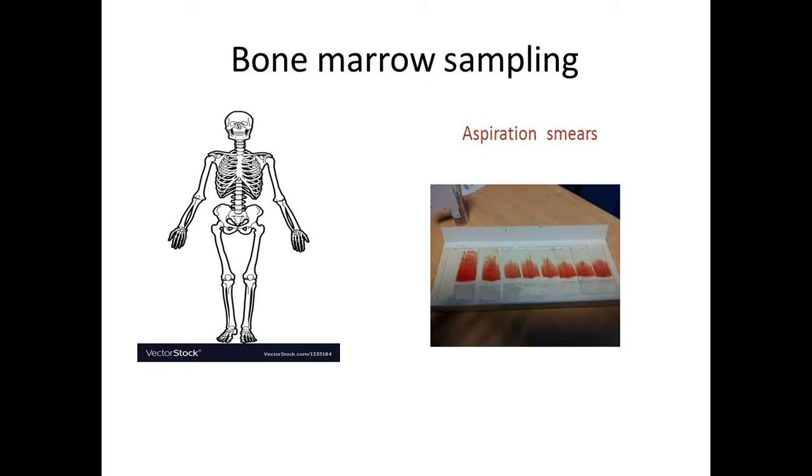If you observe the bone marrow smears, they are spread on various glass slides, and as you can notice, the bone marrow is red, and throughout the smear you are noticing multiple small particles.